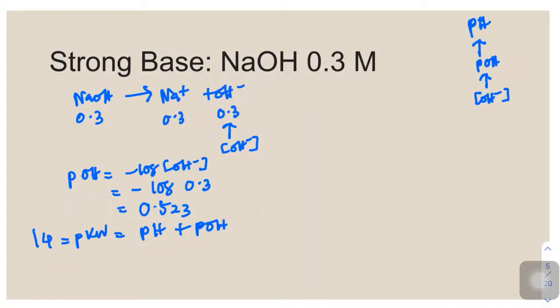So if you want to know the pH, it is equal to 14 minus pOH. So 14 minus 0.523, and we get the pH of 0.3 molar sodium hydroxide equal to 13.477, or about 13.5.